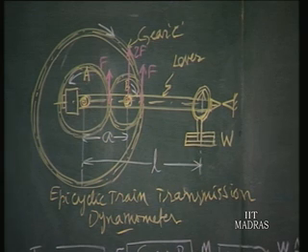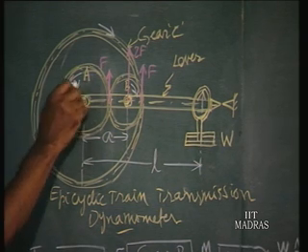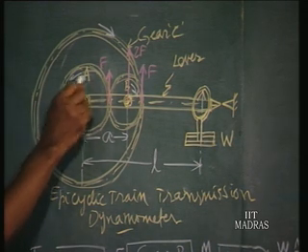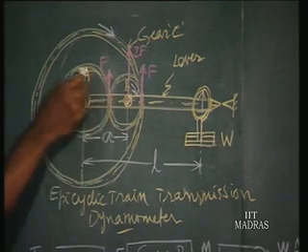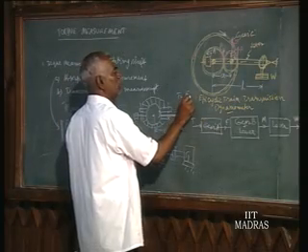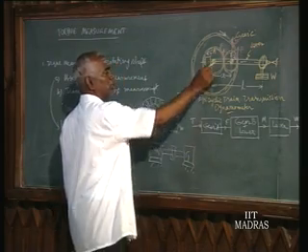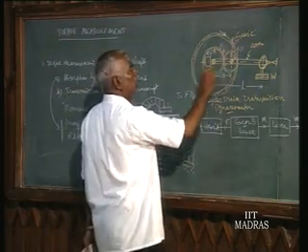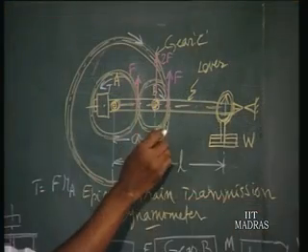The principle of functioning is that the torque T is acting over the gear A, which is fixed to the motor or the driving source, and that torque is realized as a force at the pitch line of the gear A. In such a way, T is equal to F into RA, where RA is the radius of the gear A. And B is the intermediate gear mounted freely on the lever.